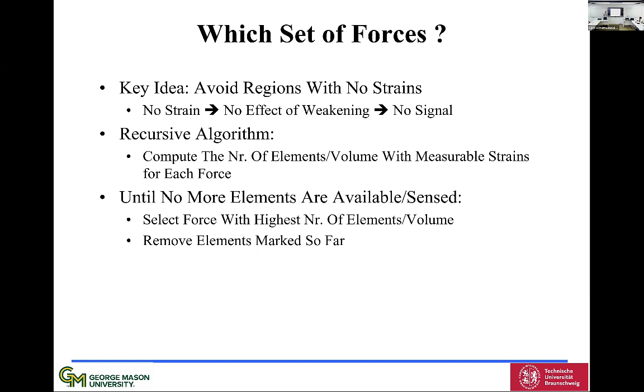So if I have n forces, I have to make sure that every element is loaded in at least one of the load cases. Because if I don't have any strain, alpha can do whatever it wants. Whether you put material there or not, it doesn't matter for the structure. Yeah. So you do a recursive algorithm. You have, let's say, your n practically realizable load cases. And you take the one.